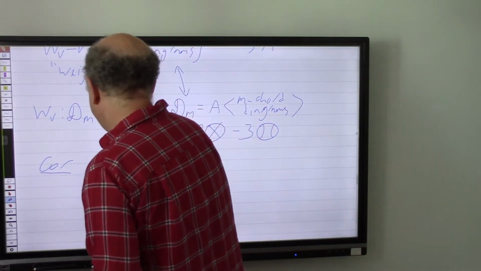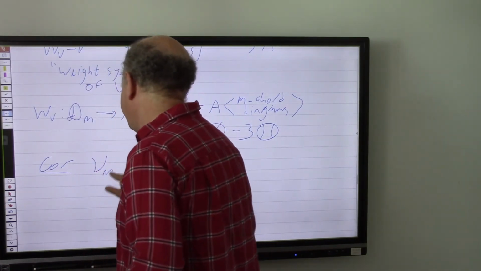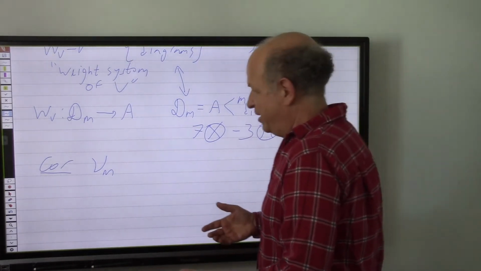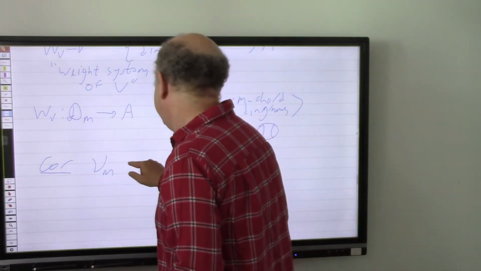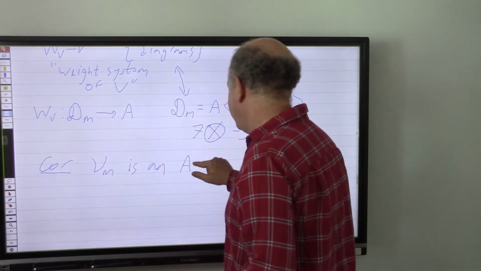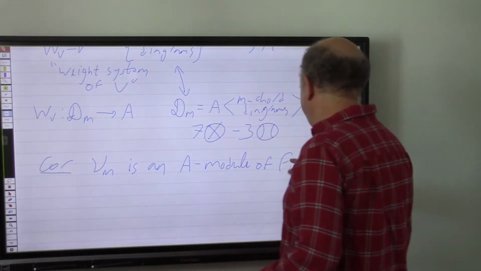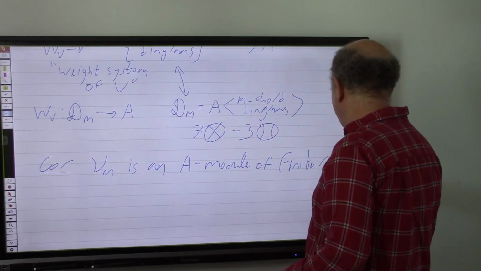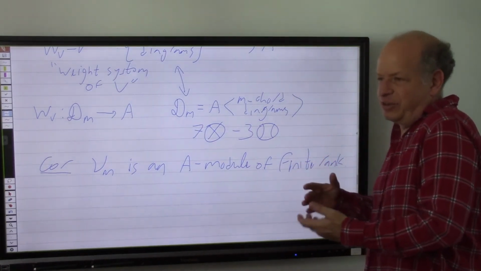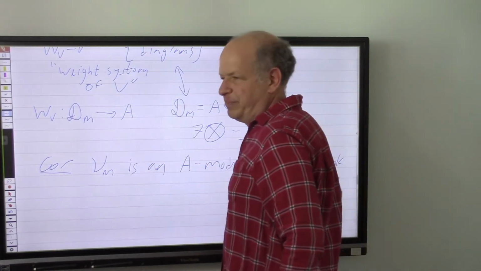So I should say it differently. V sub M, which I already mentioned is an A module, is an A module of finite rank. Really, it means that up to linear combinations, there are only finitely many invariants of type M.